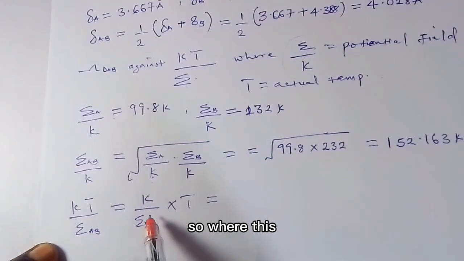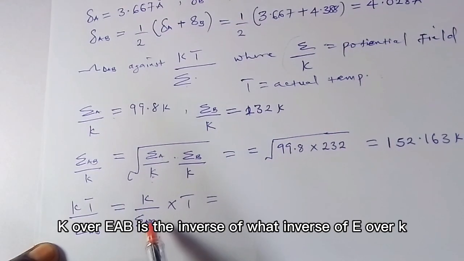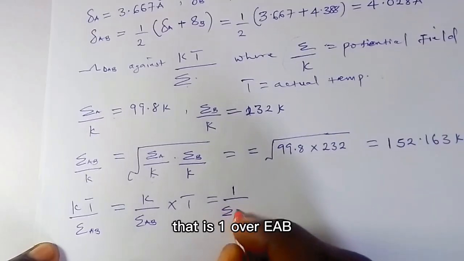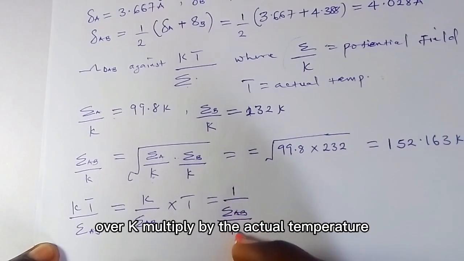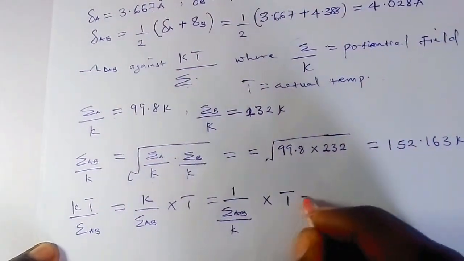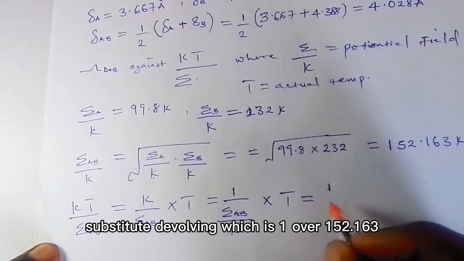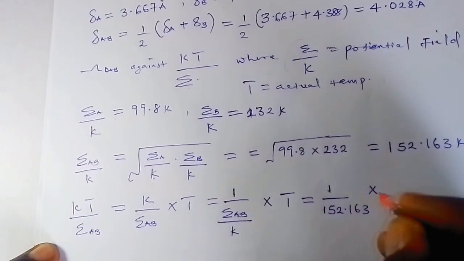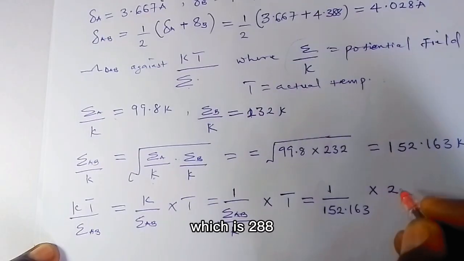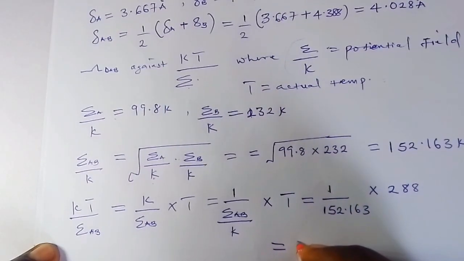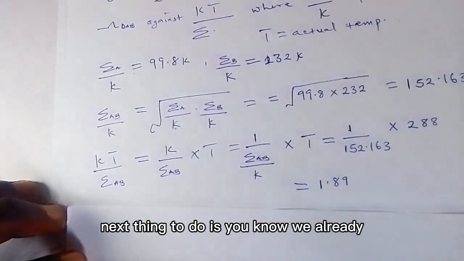Where this K over EAB is the inverse of E over K, that is 1 over EAB over K, multiplied by the actual temperature T. So substitute the values in, which is 1 over 152.163 multiplied by the actual temperature from the question, which is 288. So we have it as 1.89.